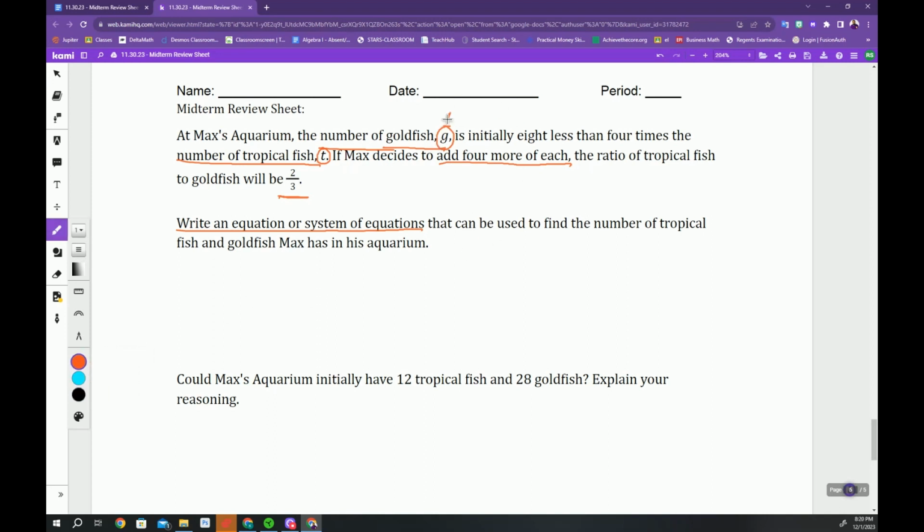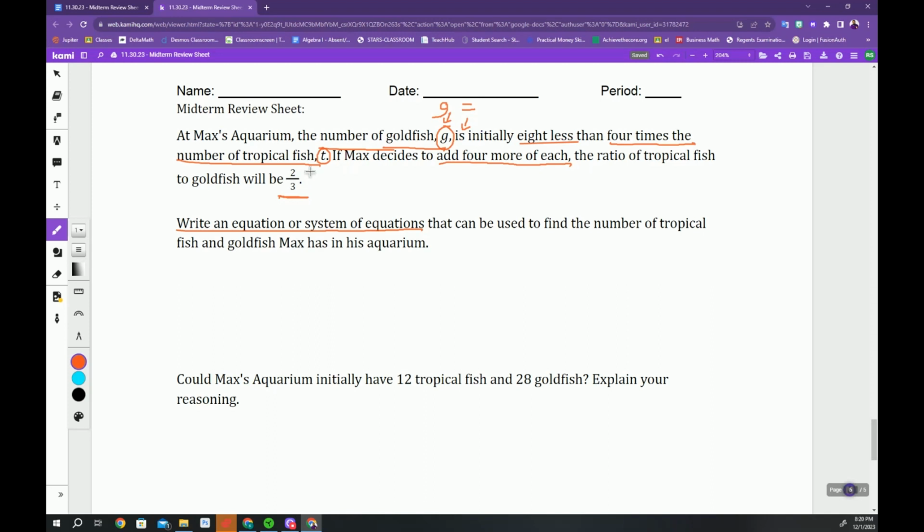If we look here, it says G is. Now, guys, the word "is" is a common word that means equals. So G equals something. So G is 8 less. Well, when I think less, I'm thinking of subtraction. 4 times the number of tropical fish.